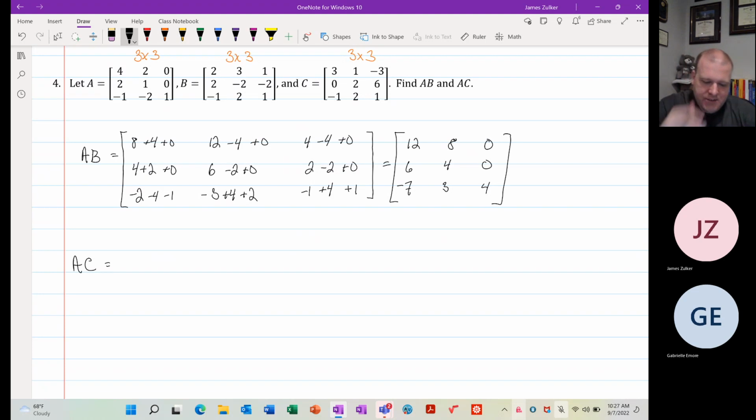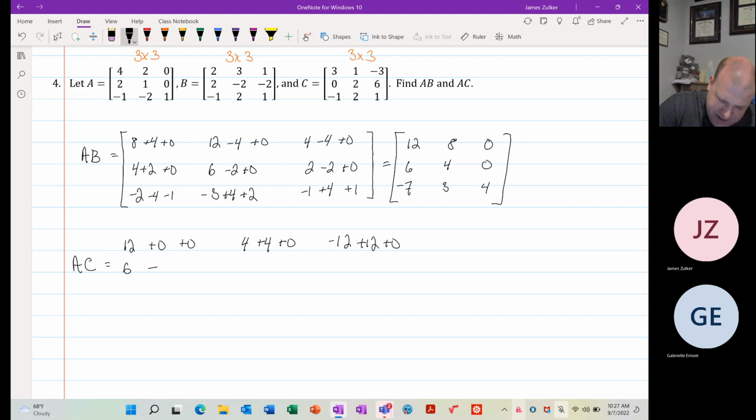Right. So A times C. 12 plus 0 plus 0. 4 plus 4 plus 0. Negative 12 plus 12 plus 0.